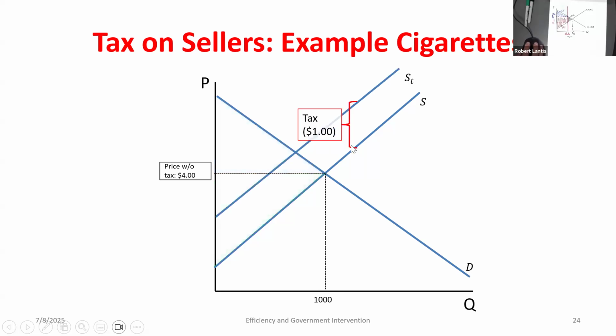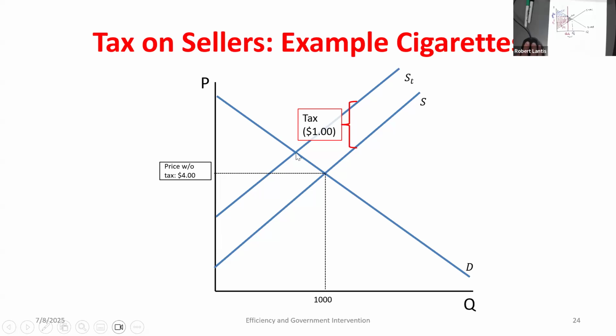If we have a tax, essentially what we're doing is, if the supply curve represents the marginal cost to produce something, whatever the marginal cost was before, it still is going to cost the producer that much, but now they have to pay this additional $1 tax on each pack of cigarettes. So at every quantity, the marginal cost has gone up by $1. So this looks like a what? A decrease in supply. So with this tax, the price where sellers are first willing to supply that good to the market is now going to be higher.